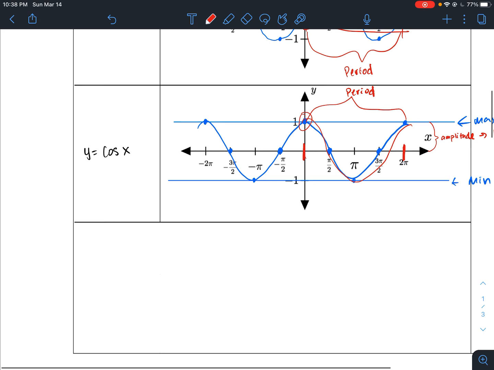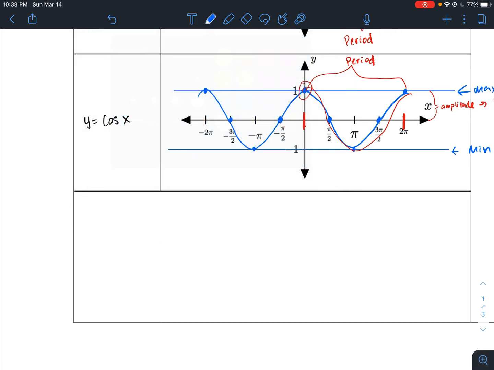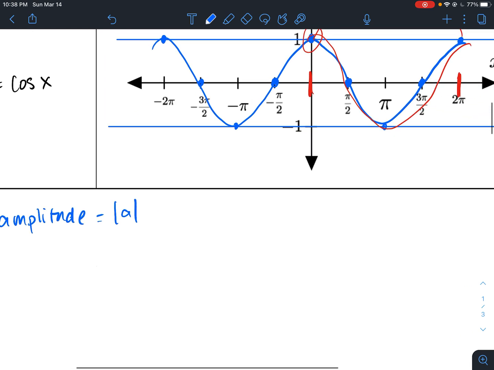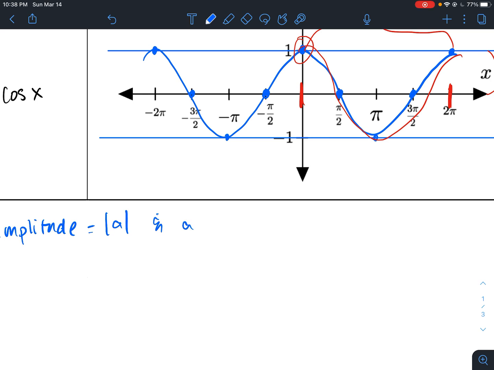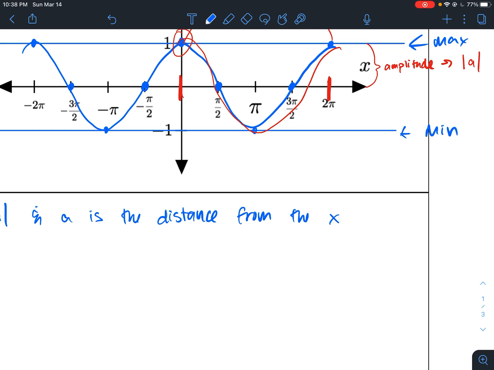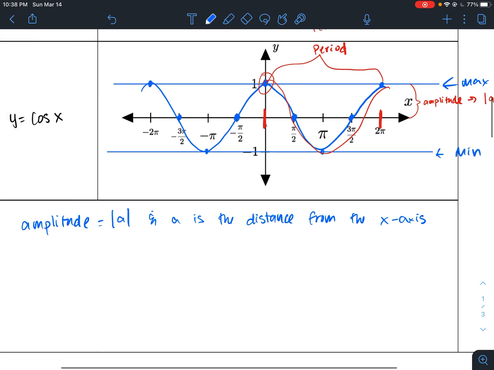Okay, so let's make note of that. So amplitude is equal to the absolute value of A. And A is the distance from the x-axis to the min or max.